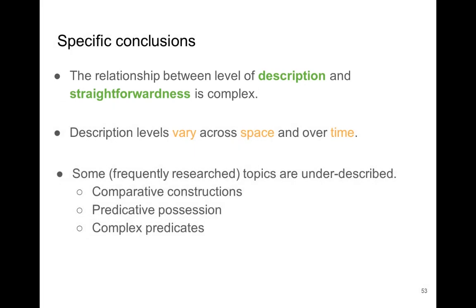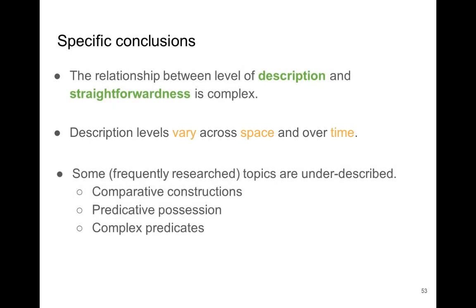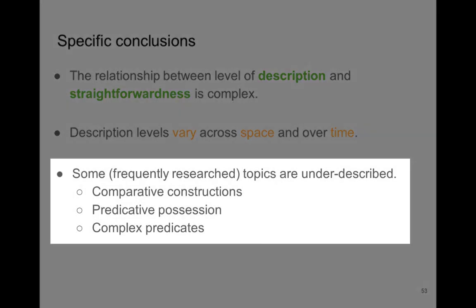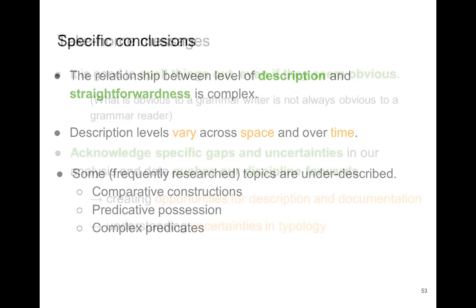Features that are less described are not necessarily less straightforward. We have also seen that description levels vary across space and time, and that some topics remain underdescribed, even generally well-researched ones such as comparative constructions, predicative possession, and complex predicates.